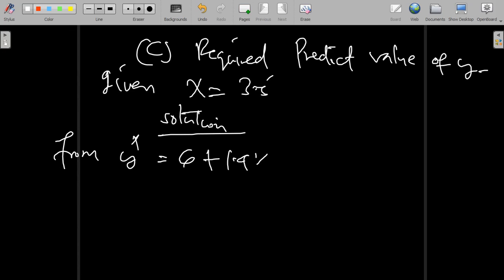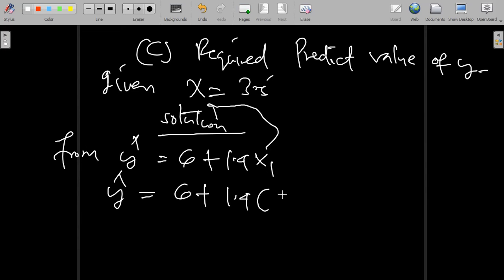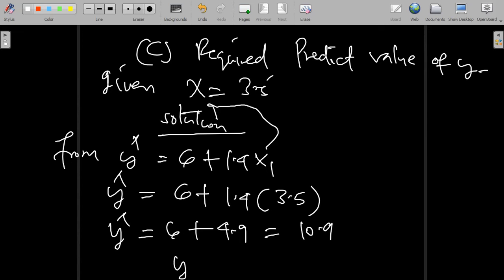Solution: we take our estimated regression model, 6 plus 1.4x1, and plug in x1 equal to 3.5. Our predicted y estimated will be equal to 6 plus 1.4 times 3.5, which gives 4.9. So 6 plus 4.9 is 10.9. So our y estimated is equal to 10.9. This is the predicted value when the independent variable is 3.5.